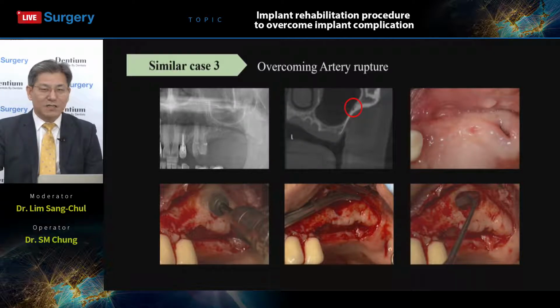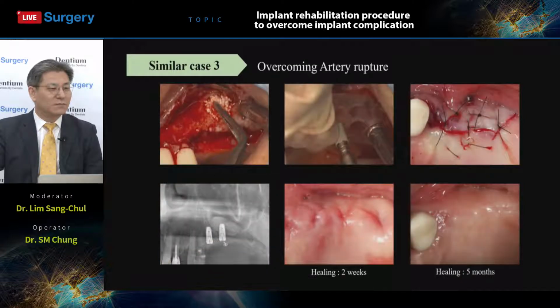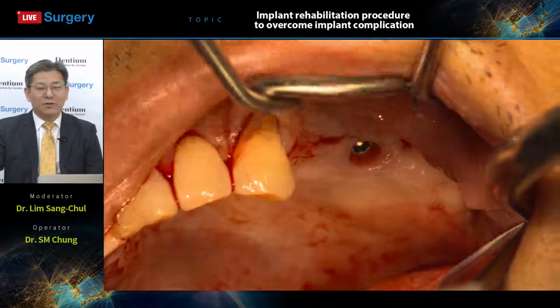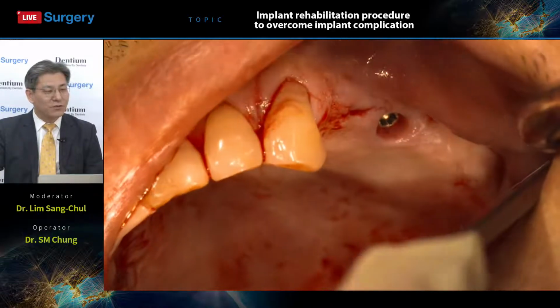Squeezing is a necessary part, and then we can do the further procedure. Okay, so this one is the overcoming artery rupture case. Okay, let's move to the operation room.